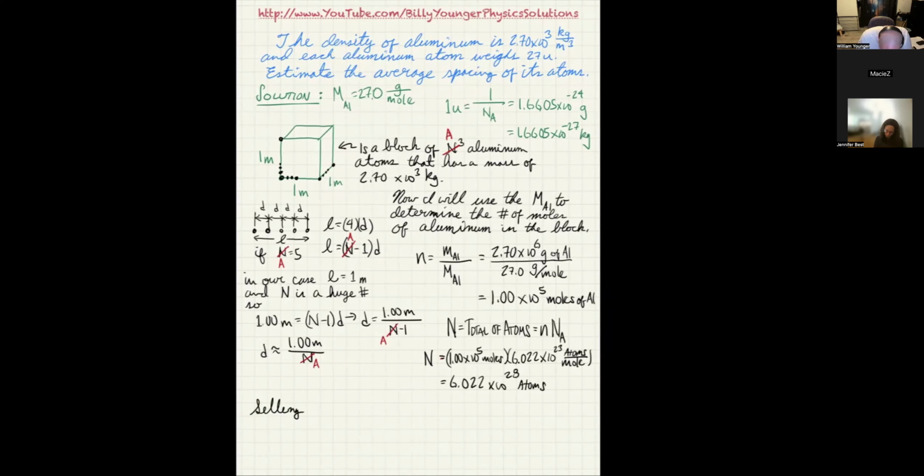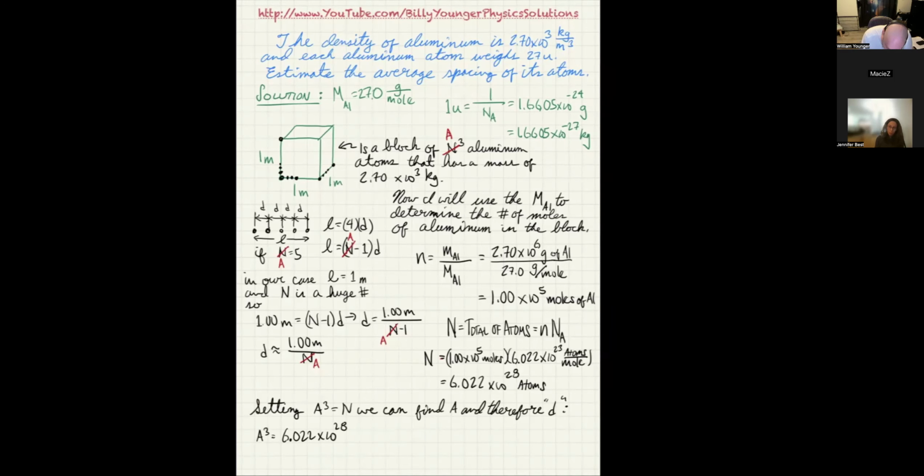Setting a cubed equal to N, we can find a, and therefore d, which is what we're asked to find. So a cubed is equal to 6.022 times 10 to the 28th.